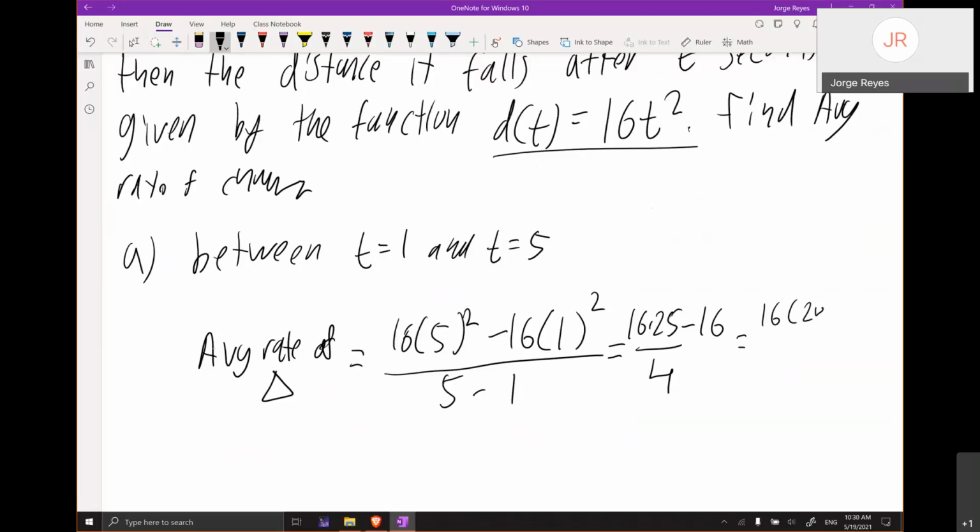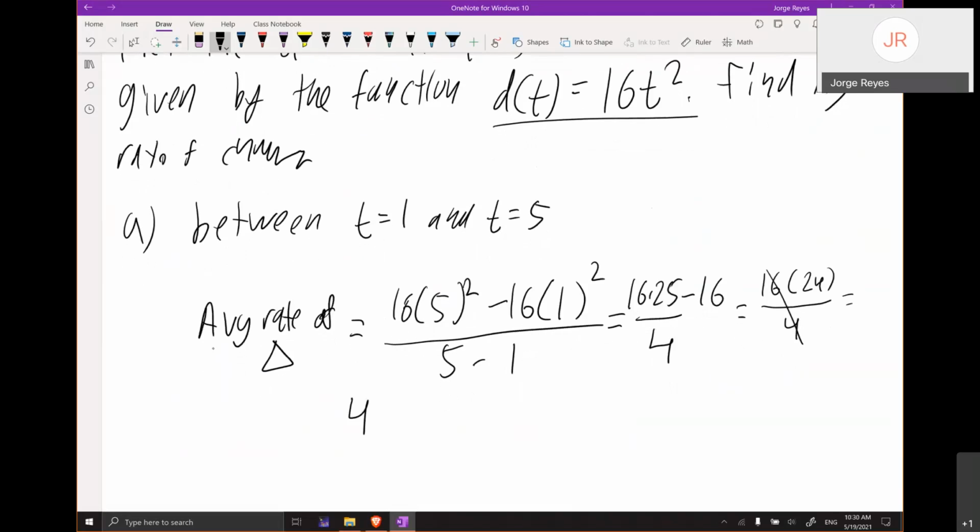So that's 16 times 24 divided by 4, which is going to be 4 times 24, which I still don't know off the top of my head, unfortunately. So let me smash that into a calculator. And we see that we're going to get 96. Okay. So the average rate of change is 96.